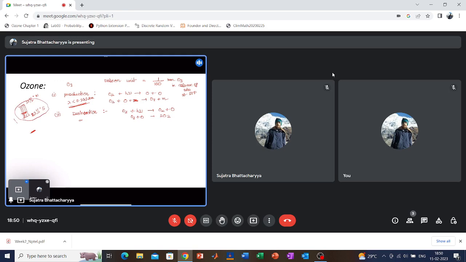Whereas in the poleward region, where the sun's slanting rays tend to fall, the longer wavelengths are more present, and because of that the ozone is generally destroyed. Of course, production will be there, but most of the wavelength which will exist is lambda greater than 0.242 micrometer, and this lambda should be less than 0.4 micrometer, because 0.4 micrometer is the start of the visible wavelength.